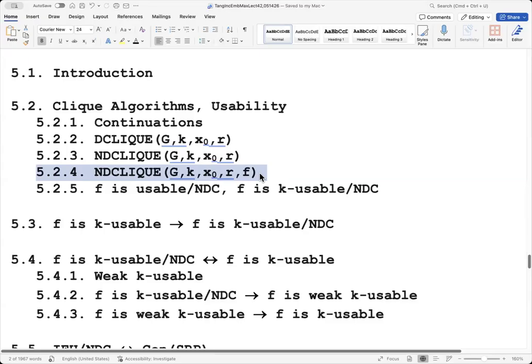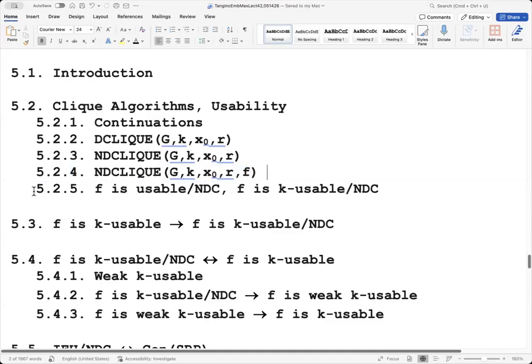And of course, we focused on when is F usable or not. So here's how F is embedded in these simple algorithms. You start with X naught, which is a k-tuple from -1, 1. I'm going to describe this a little bit later, but the point is you incorporate F into the algorithm.